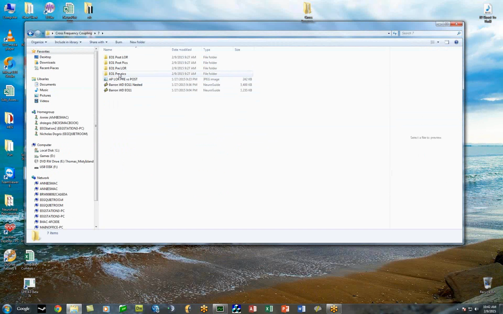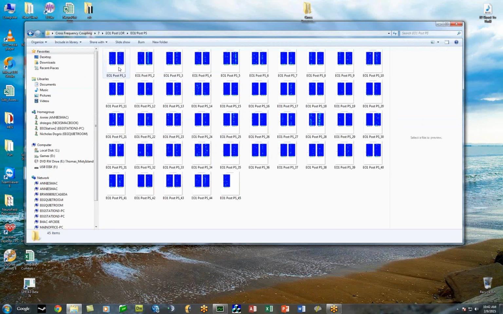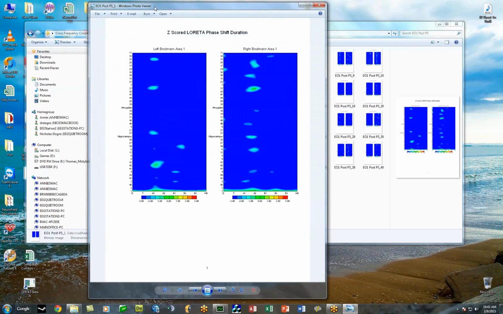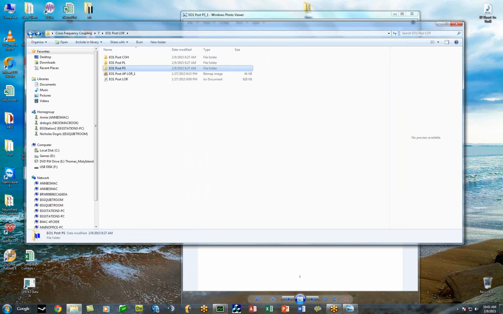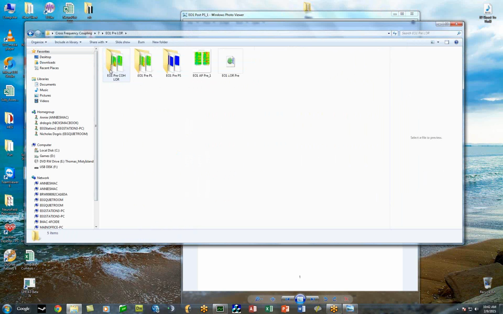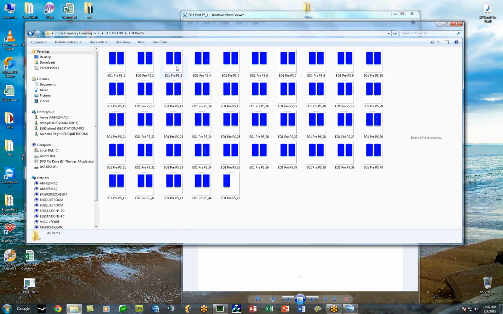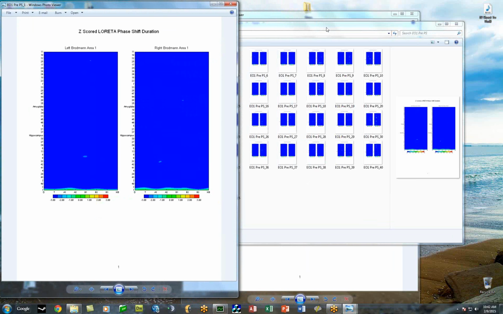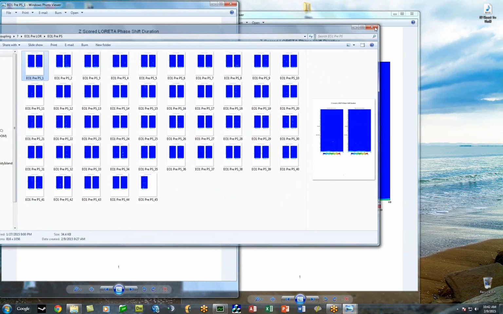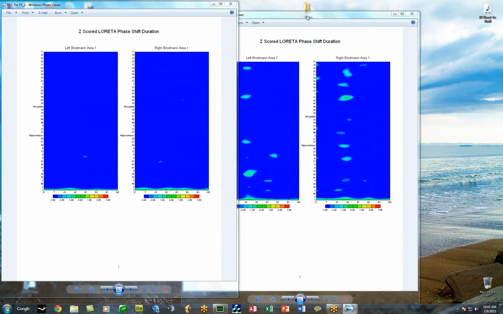There we go. All right, so LORETA post. And pre phase shift. Now, this is kind of demonstrating this phase shift phenomena a little bit more clearly.